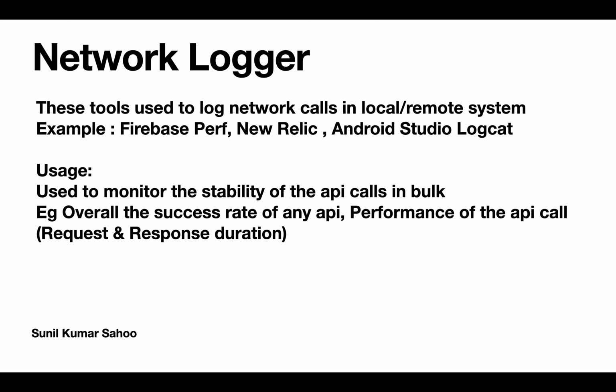The use case is, how can we verify the success rate of any API call, or what are the major failures or errors in the network calls, and how we can improvise on that, and what is the request and response duration on an average. So for that purpose the network logger in remote system can be used.